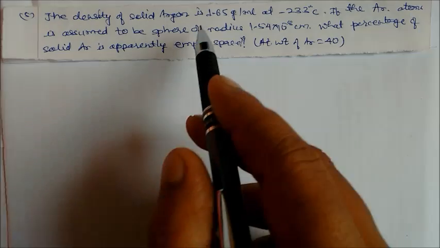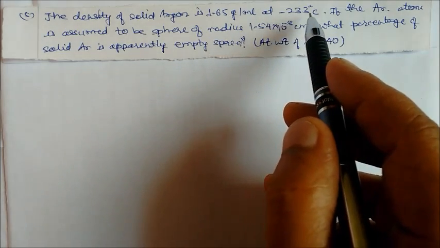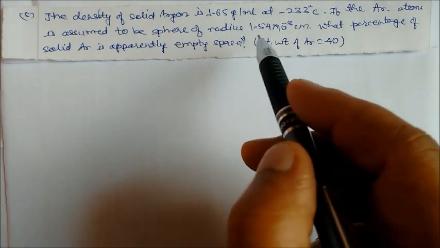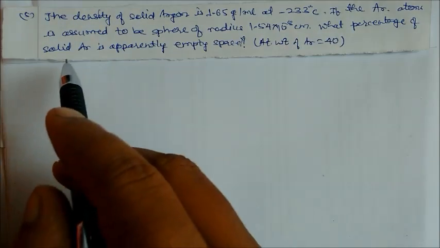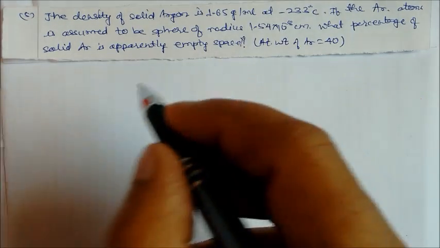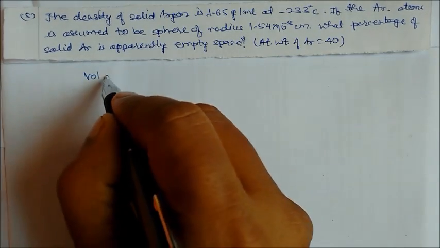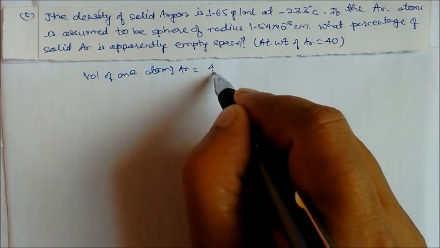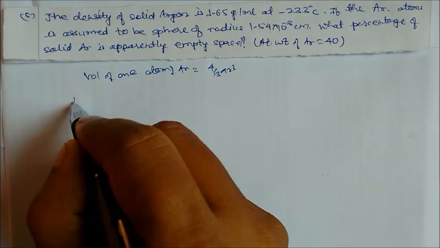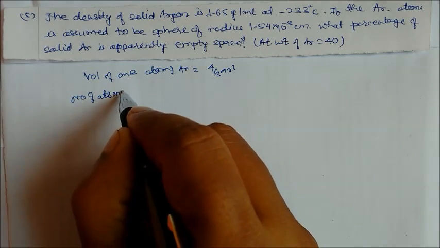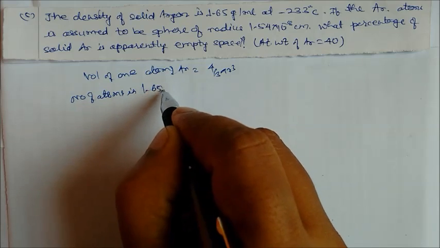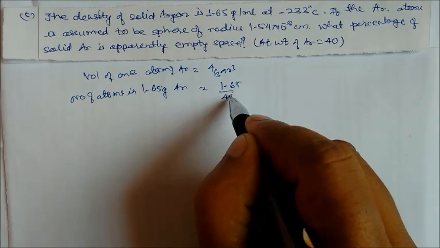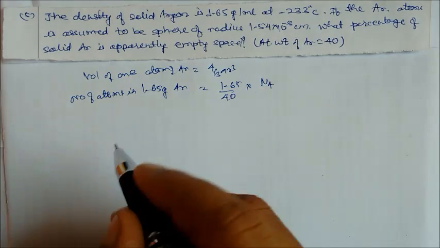Density of the solid argon is 1.65 gram per ml at minus 233 centigrade. If the argon atom is assumed to be a sphere of radius 1.5 into 10 power minus 8 centimeter, what percentage of solid argon is apparently empty space? So first you find the volume of one atom of argon, which will be 4 by 3 pi r cube, and the number of atoms in 1.65 gram of argon will be 1.65 divided by 40 into Avogadro number.